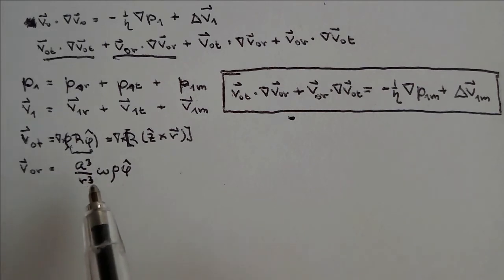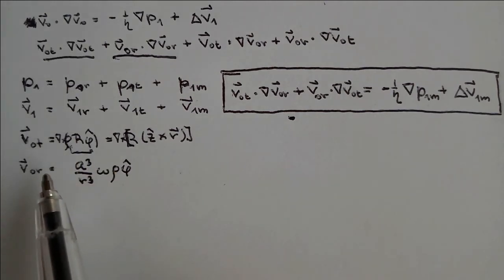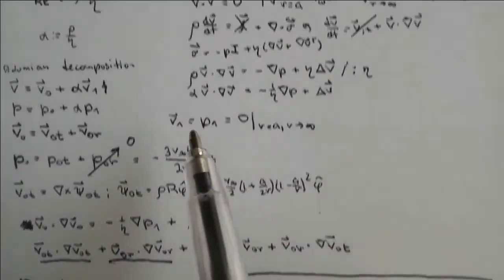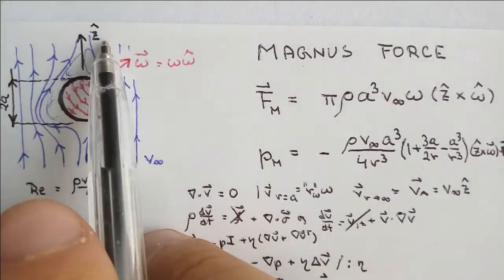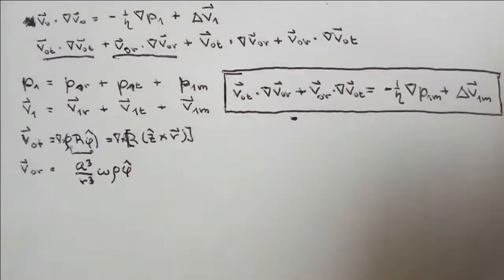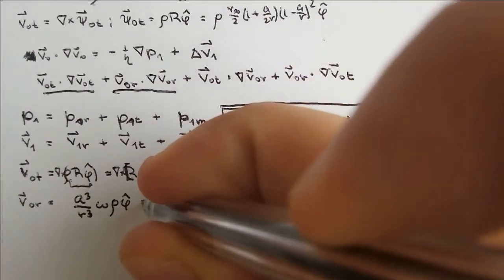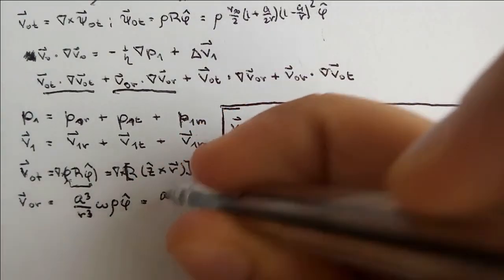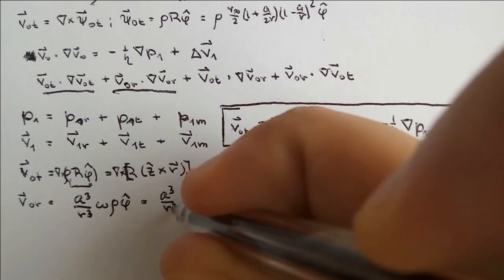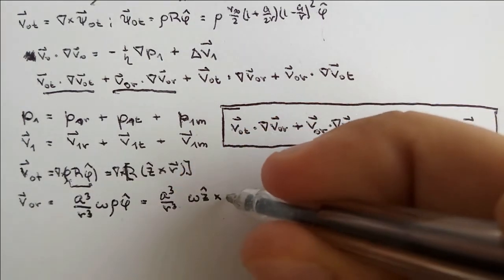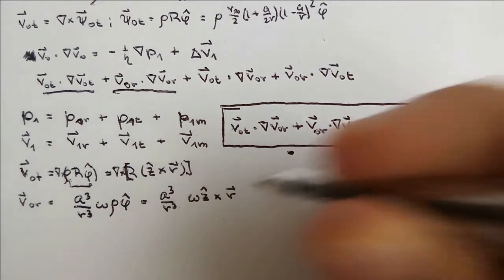And again, this is the solution when omega is in the direction of the z hat vector. So you can check it, but this is the solution for omega times z hat cross r hat vector.